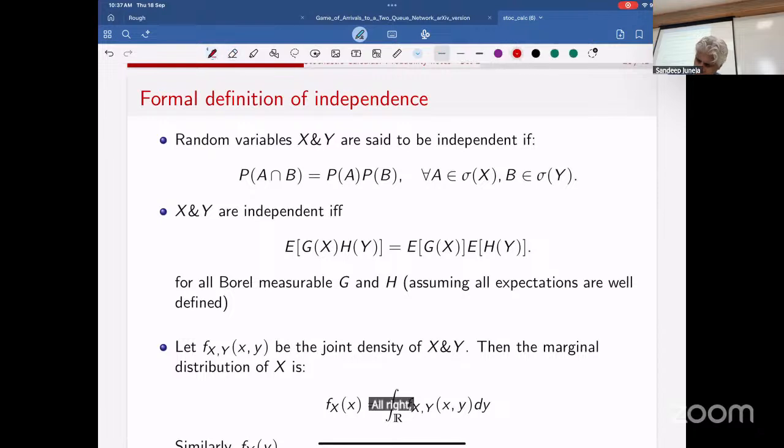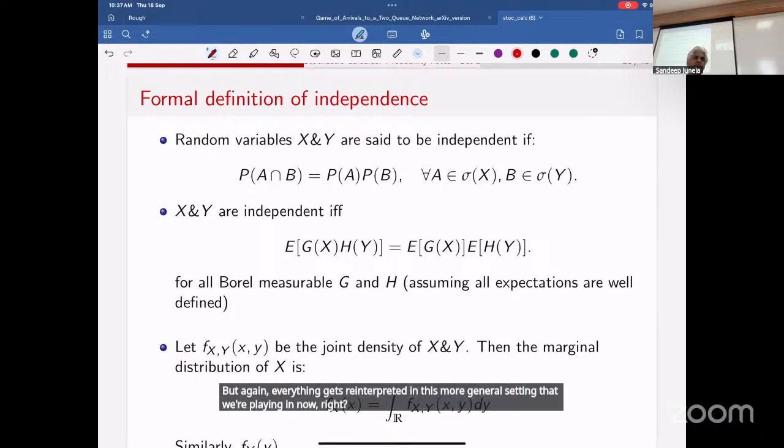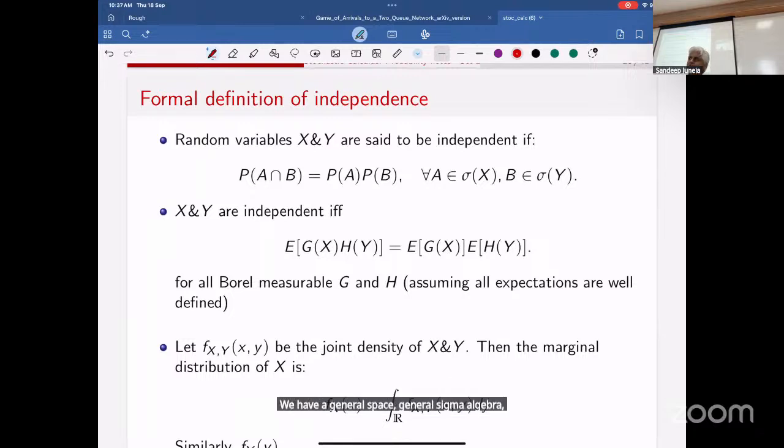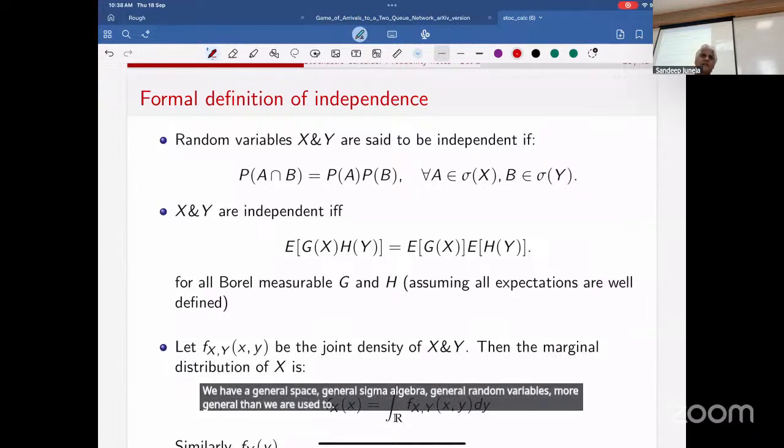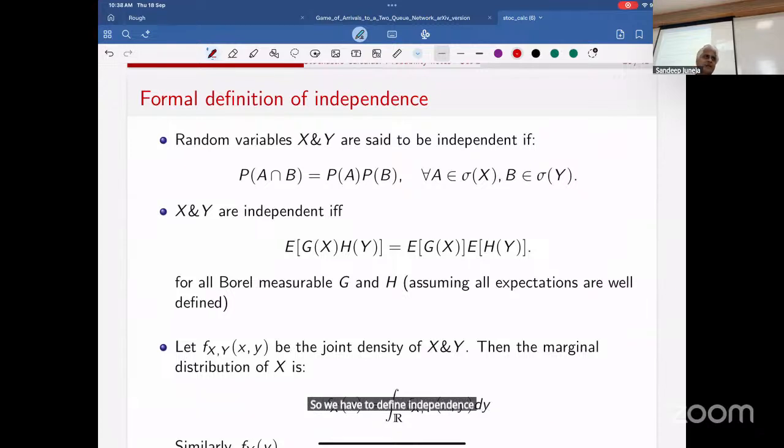All right. So we've been using independence throughout, but again, everything gets reinterpreted in this more general setting that we're playing in now. We have a general space, general sigma algebra, general random variables, more general than we are used to. So we have to define independence also in this generality.